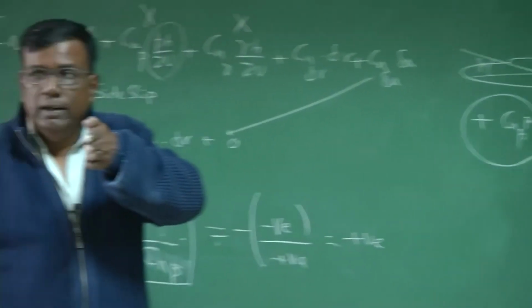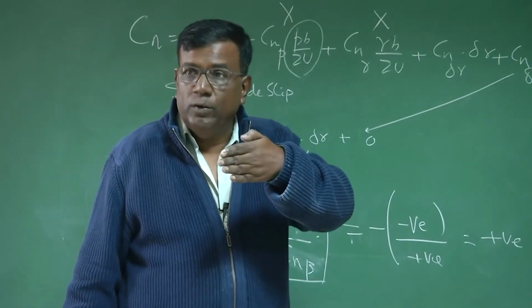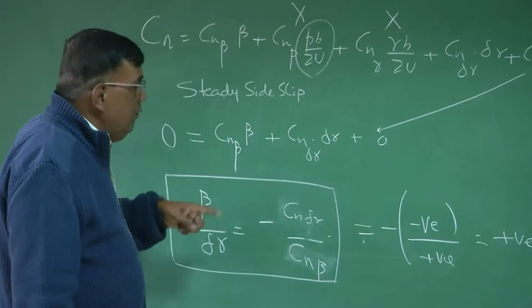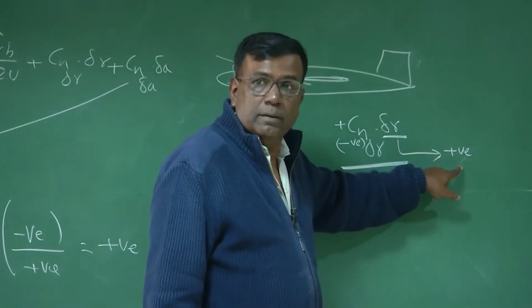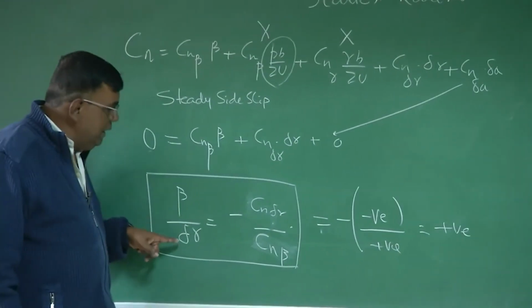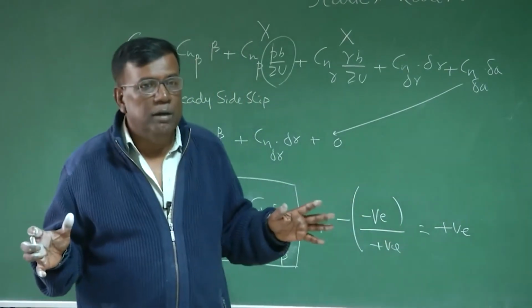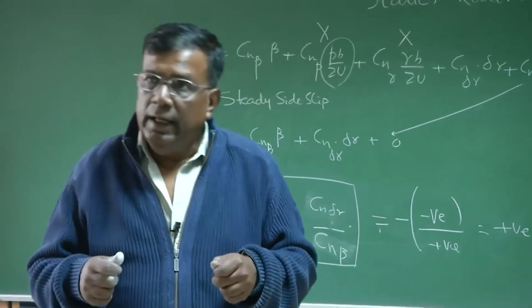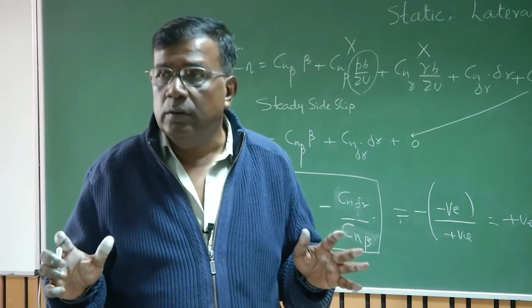If the rudder is there, it has to be towards the left. So what we are seeing, for a positive beta I must give delta R positive. Correct? And that is exactly what you are getting from here. The ratio of beta by delta R is also positive. So whatever equation of motion you have developed, through flight test you find it is consistent, it is making sense. Is there any doubt in this? Anybody having doubt? No, sir.